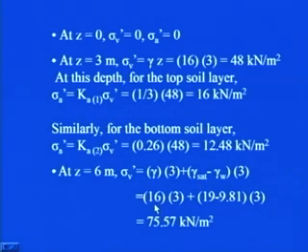So here 16 into 3 plus 19 minus 9.81 into 3, and this will result in 75.57 kilonewton per meter square. So at z is equal to 6 meter, your effective vertical stress is 75.57 kilonewton per meter square.